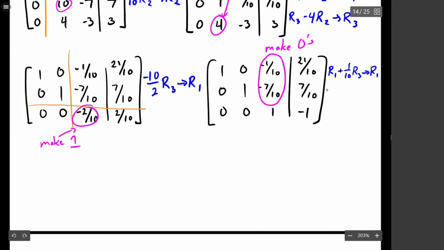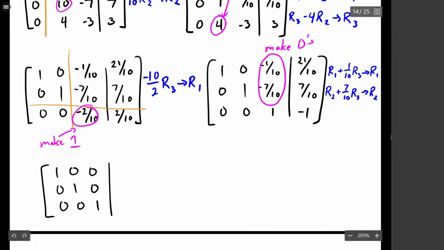Here we're going to do row 2 plus 7/10 row 3 goes to row 2. Right, and that'll zero those out for us. Okay, and again, I'm going to let you check the arithmetic here. But this should turn this matrix into a very nice matrix of zeros and ones. And the constants actually wind up working out beautifully here into 2, 0, 1.